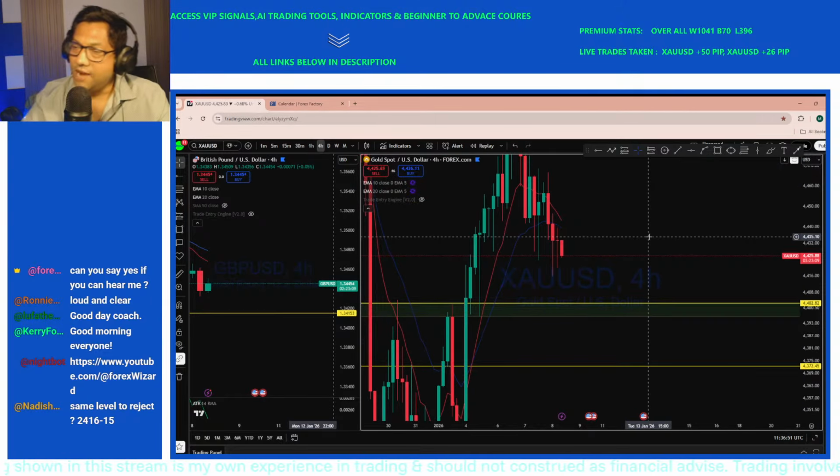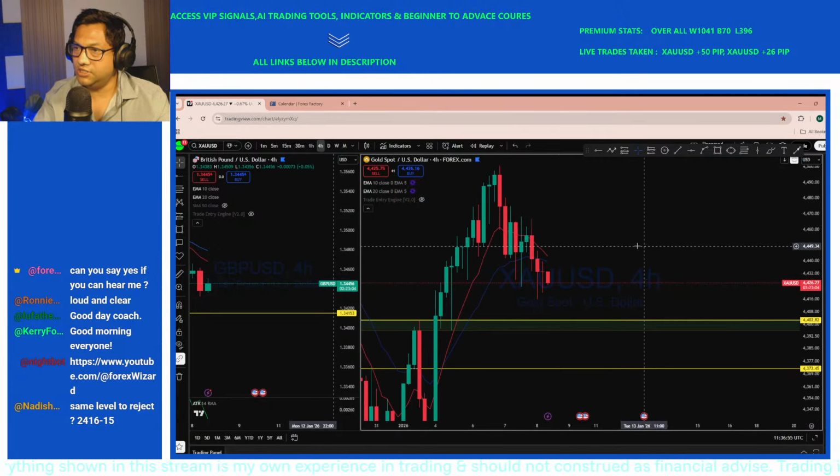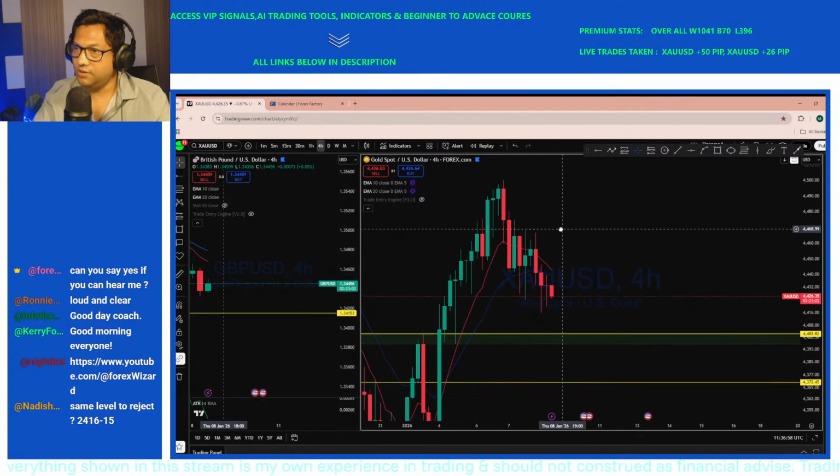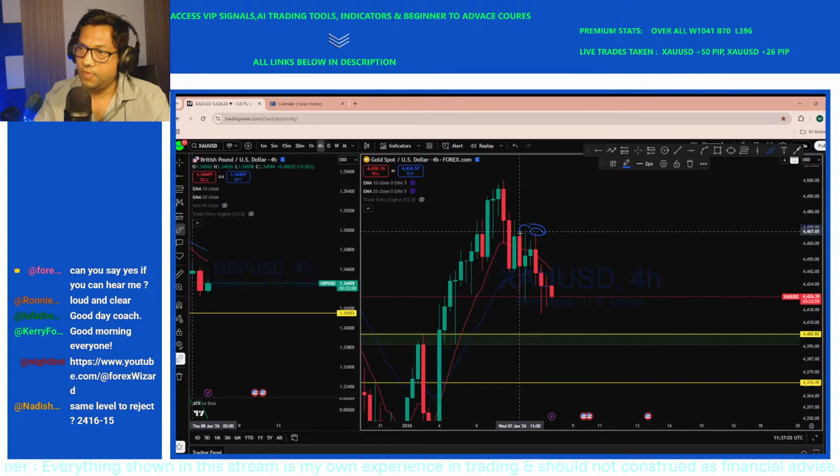So that being said, if we look at this market here, you can see this is a downtrend and there are multiple liquidity sweeps here. This is a pretty strong liquidity sweep, and there is also a liquidity sweep here, quite a few.